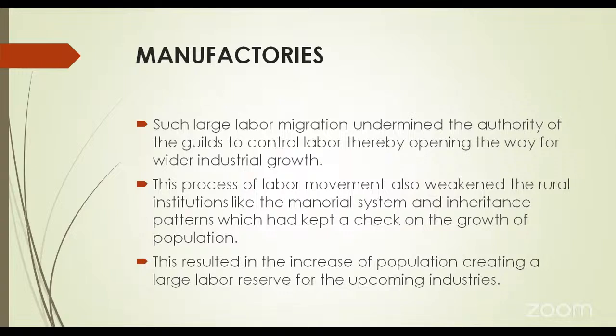And once this happened, you will see, earlier everything was collectively owned. Then people started fencing. A private sense started developing. With the private sense developing, capitalism was bound to come in. It resulted in an increase in population, creating a large reserve for the upcoming industry.